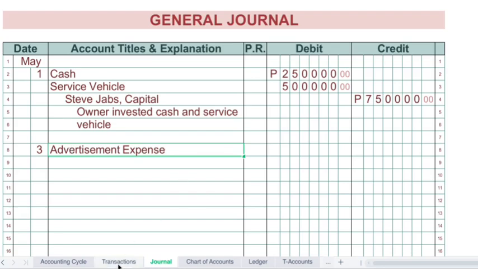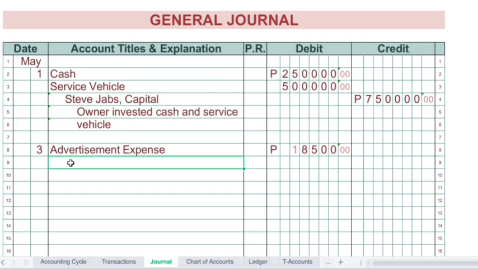So how much? 18,500. Okay, centavos. Okay. So yeah. So we have 18,500. Okay.